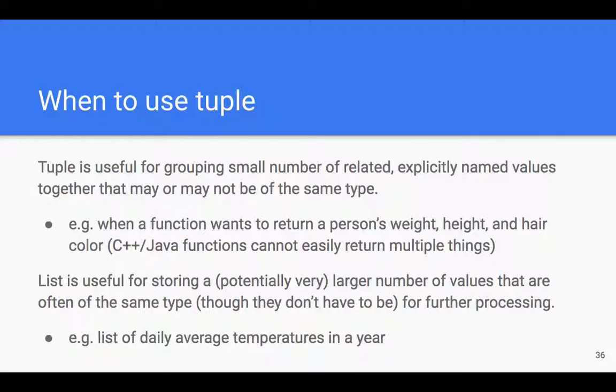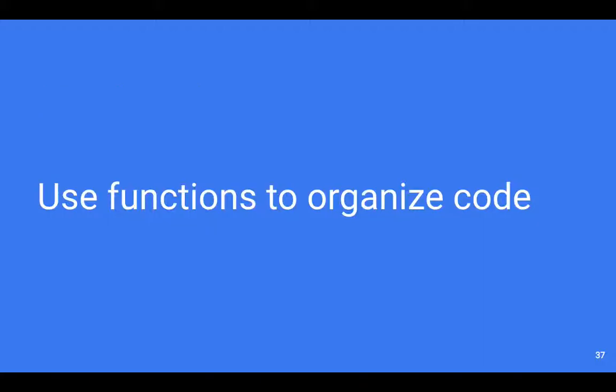That's a lot of them, hundreds of them, and they're all numbers. We probably want to do some other processing with them, like figure out the average, the standard deviation, and the average temperature for a particular season or month. So lists are good for things like that. Both tuple and list have their use case in Python. Okay, that's it.